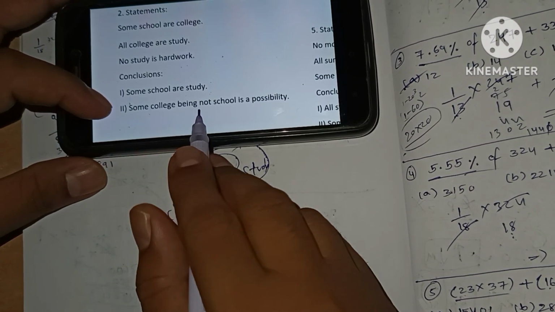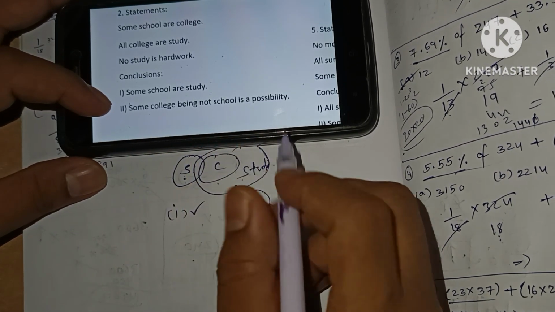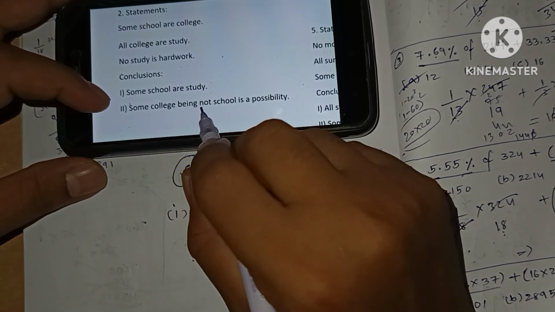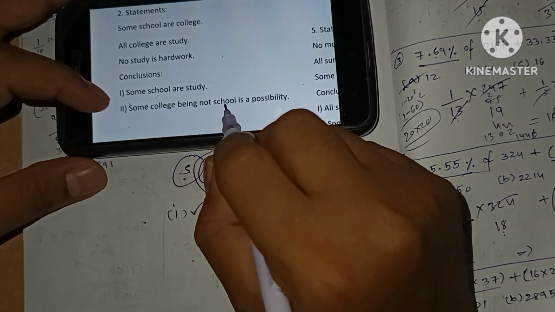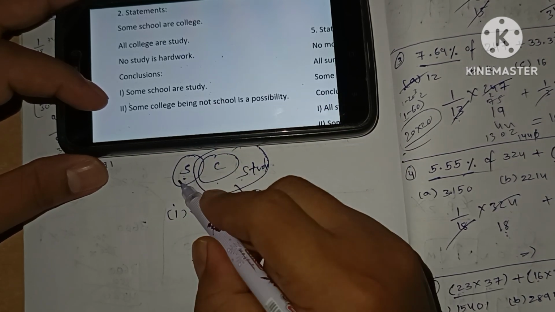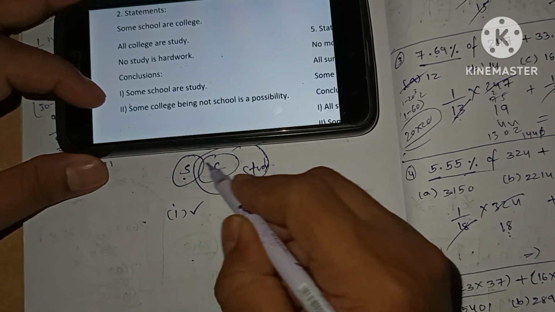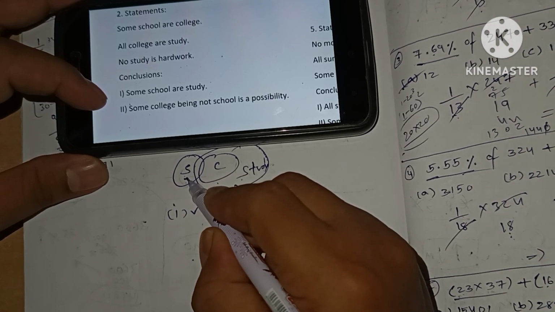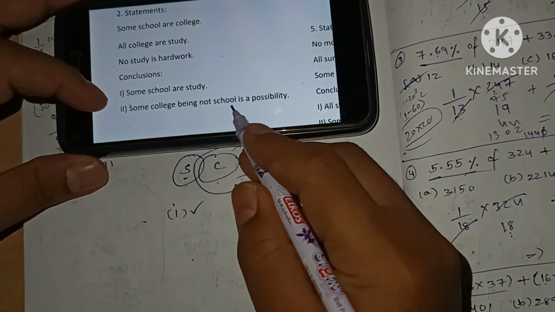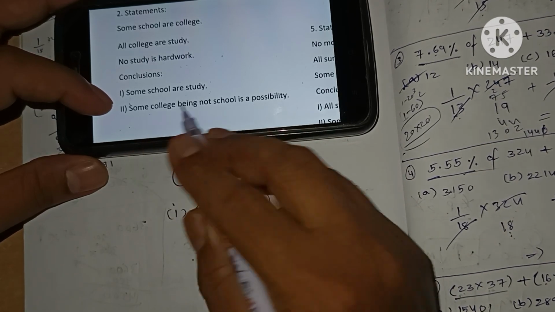Second conclusion. Some college being not school is a possibility. We check whether all college can be school. Yes, it is possible, but it is saying some not.